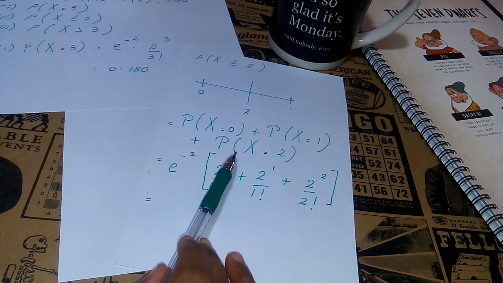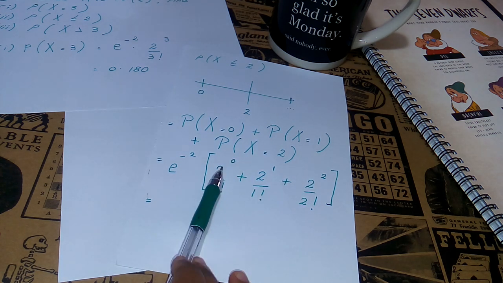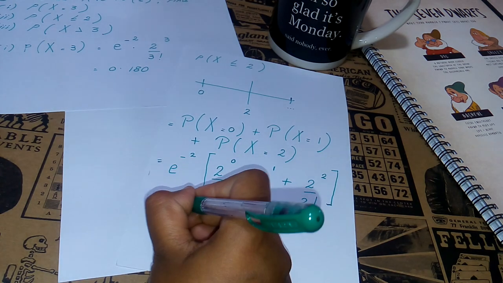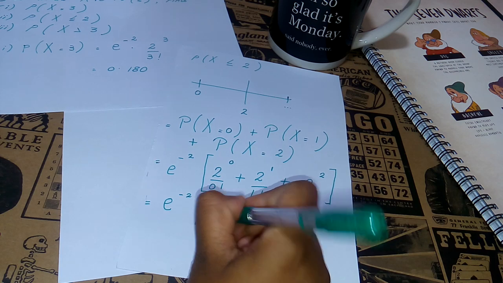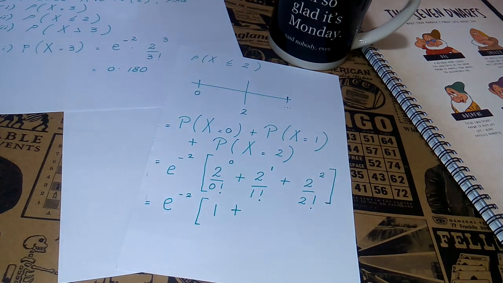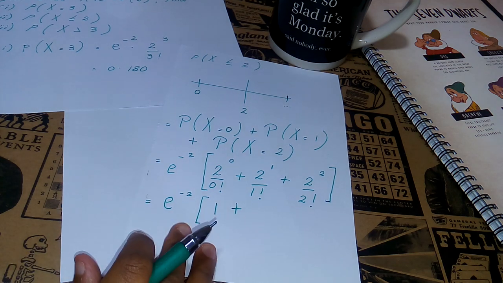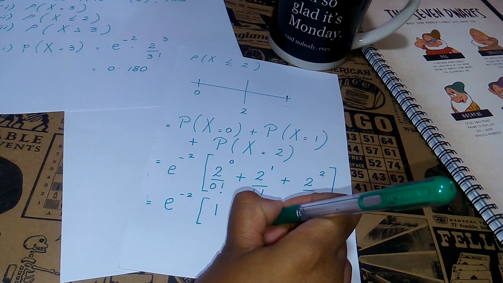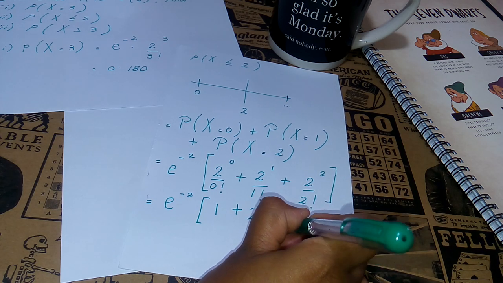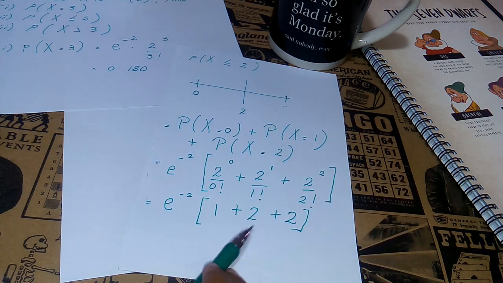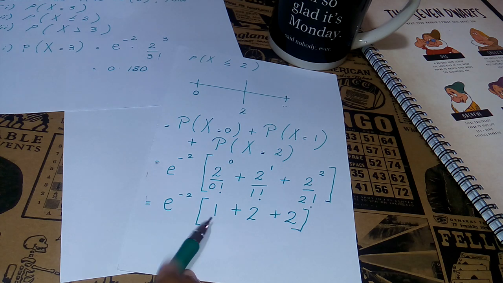So we're going to work the bracket first. 2 to the power 0 is 1, over 0 factorial, which is 1. So we have e to the power negative 2, open bracket, 1 plus 2 to the power 1, which is 2, over 1 factorial, which is 1, so we have 2. And the last one, 2 to the power 2, which is 4, over 2 factorial, which is 2. So we have 2 plus 2, 4, plus 1, 5.